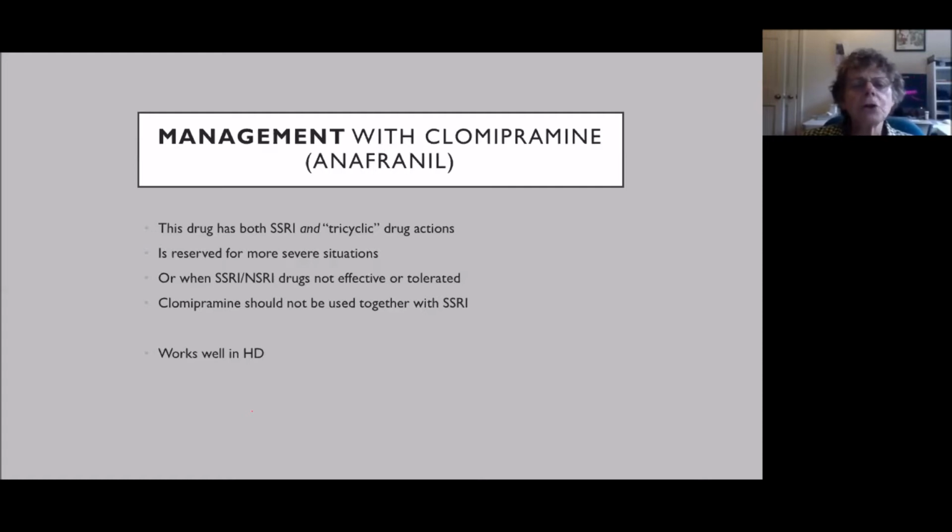The survey showed that those physicians who used this drug thought it worked well, but the majority of neurologists have not used this drug. Because it has more side effects, it may not be used as effectively as it perhaps could be.